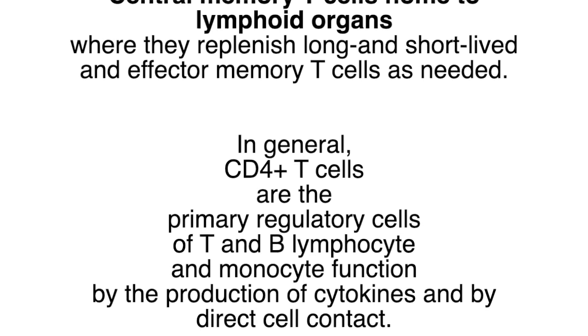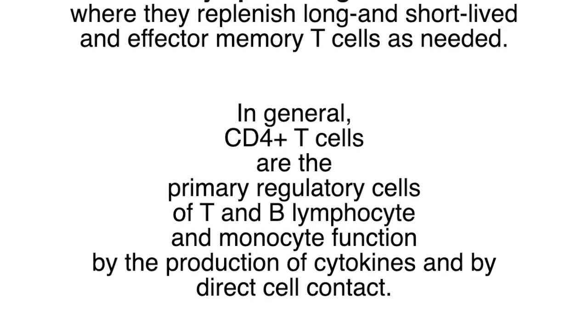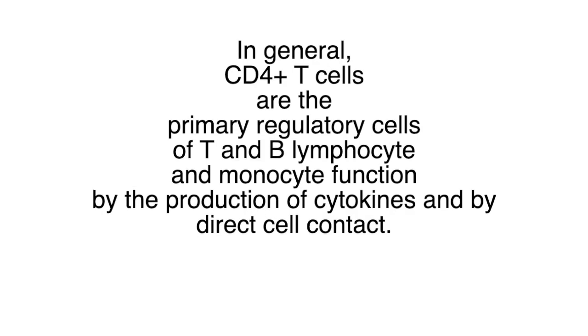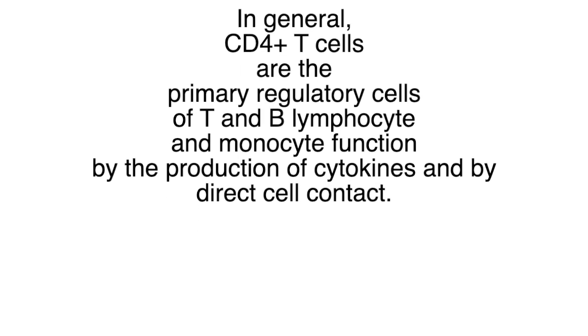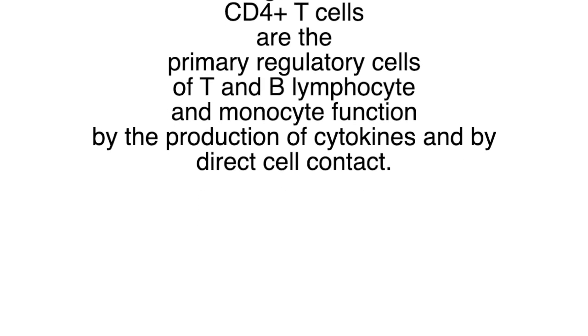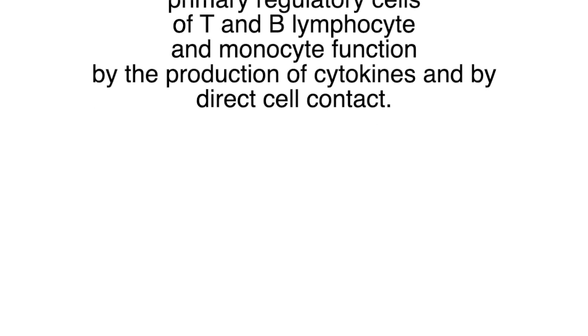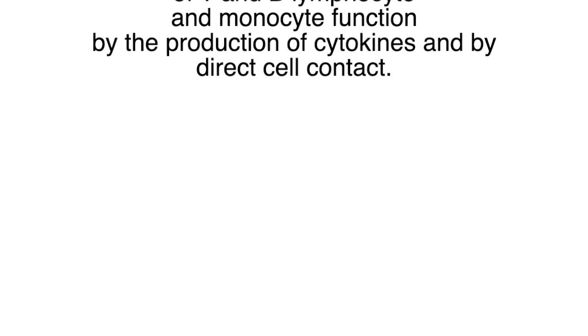Central memory T cells home to lymphoid organs where they replenish long- and short-lived effector and memory T cells as needed. In general, CD4 positive T cells are the primary regulatory cells of T and B lymphocytes and monocyte function by the production of cytokines and by direct cell contact.